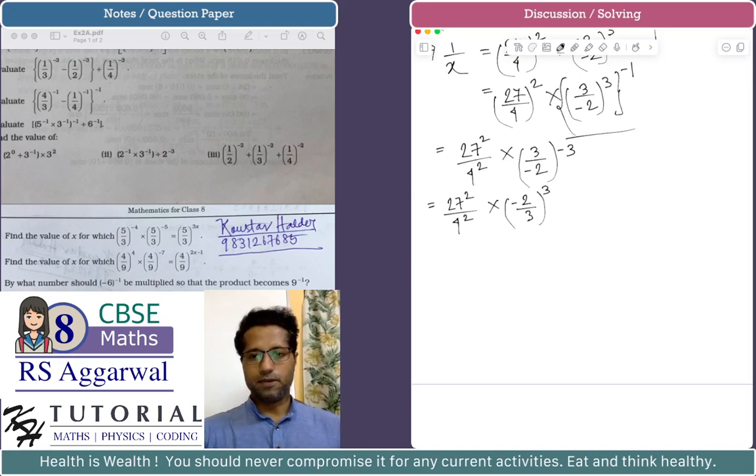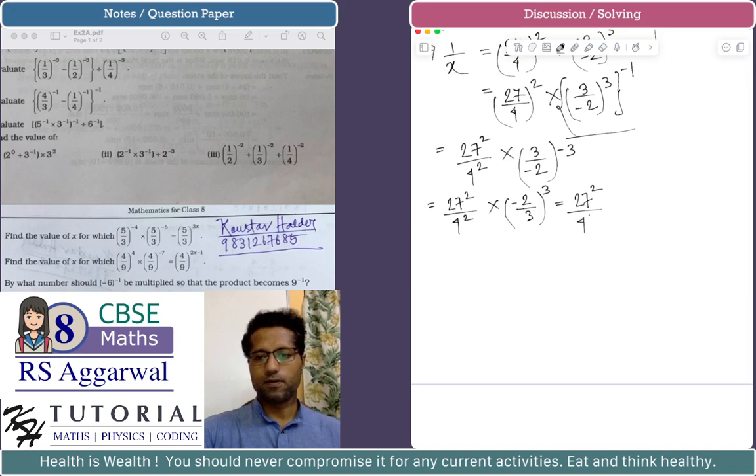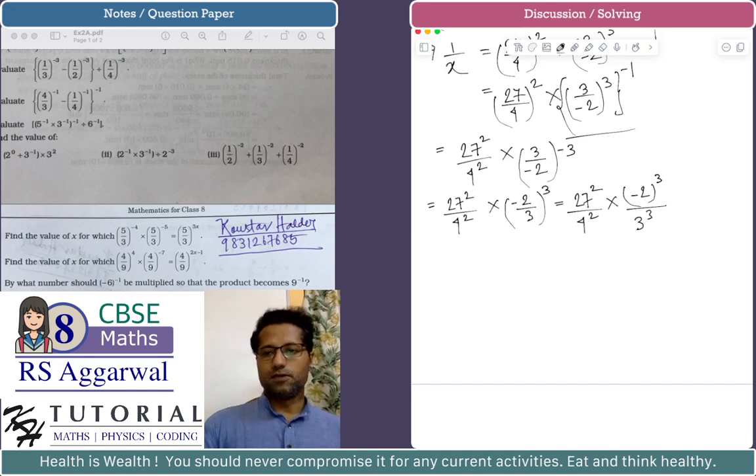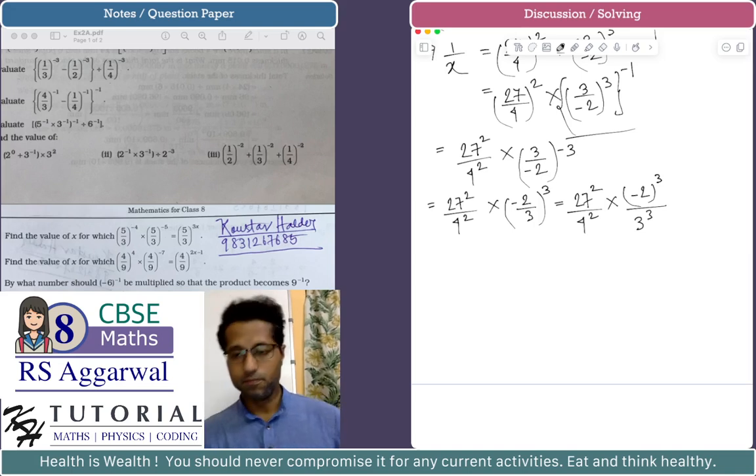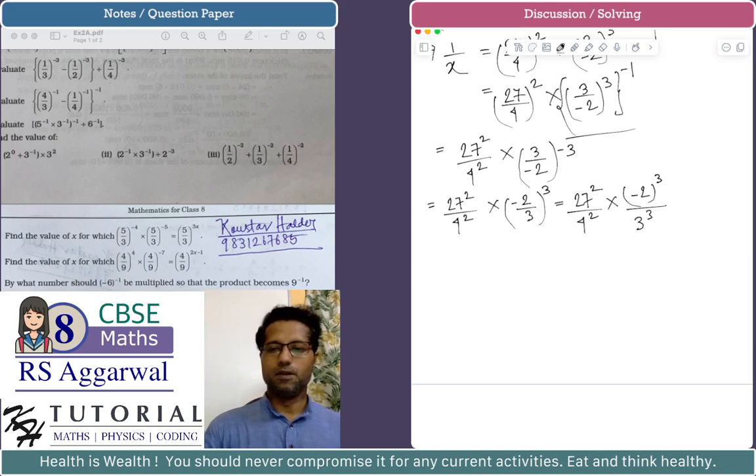Now you can split the second term, that is minus 2 by 3 raised to the power 3, into rational terms, and we have now 27 square by 4 square multiplied by minus 2 raised to the power 3 and 3 raised to the power 3. Now you can see that 27 I can convert to an exponential form with base 3. We have to make the base similar. We have over here minus 2 as the base.